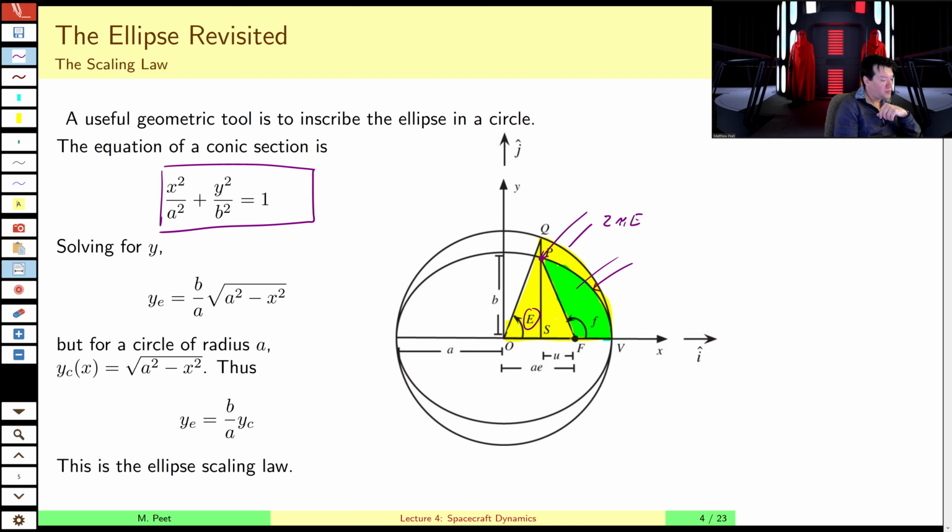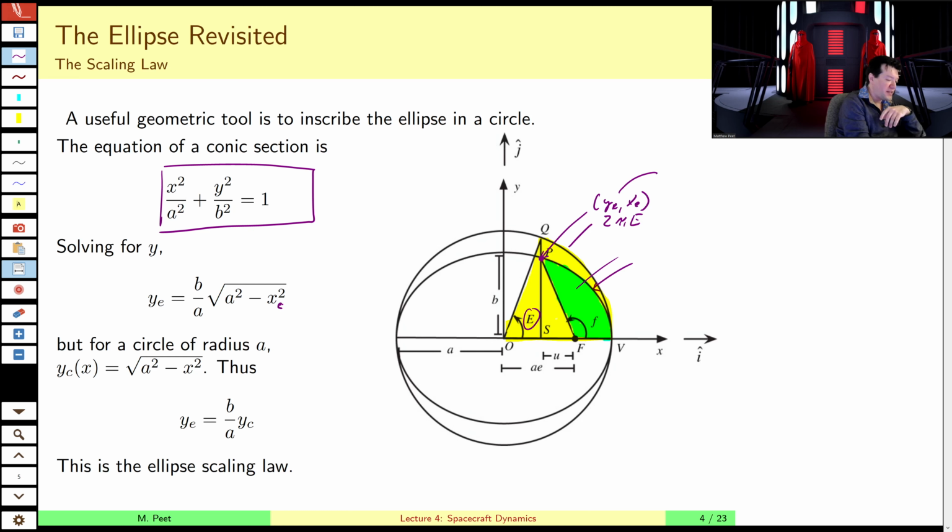The first thing we're going to do is represent the vertical component of this point as a function of the horizontal component. If we call the coordinates of this point XE, YE, then we can find a parameterization of this point, YE as a function of XE, just by solving this Cartesian representation of the ellipse.